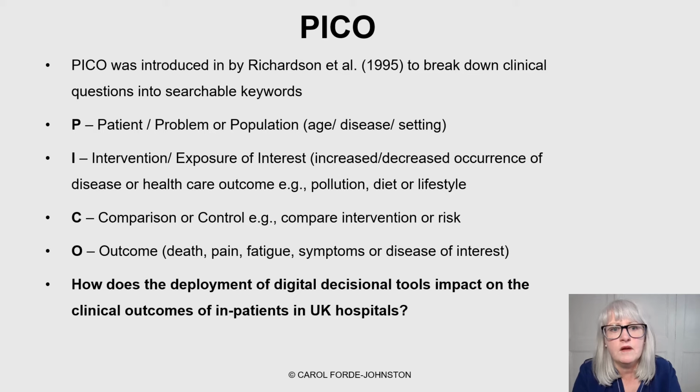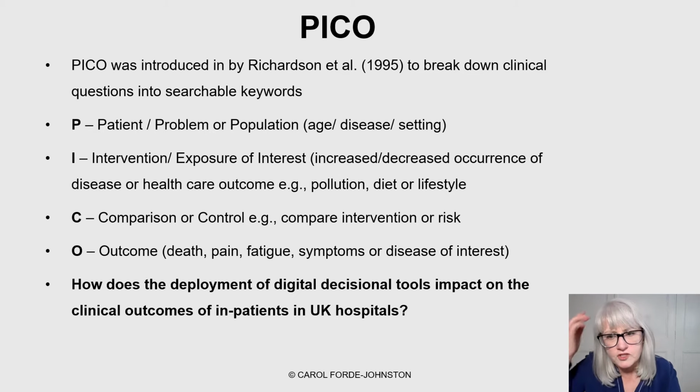Comparison, C, for comparison or control. So you might compare an intervention or a risk. So here, this is where it aligns very much to quantitative data. And outcome, O for outcome, which might be death, pain, fatigue, symptoms or disease, the disease of interest. Outcomes linked to the disease of interest.